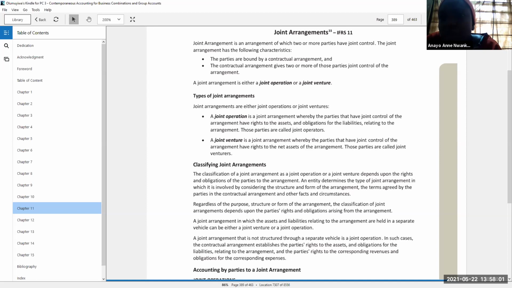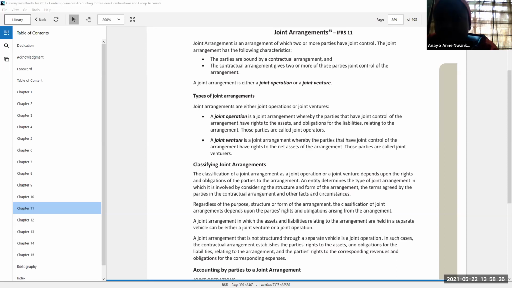And secondly, the contractual arrangement gives two or more of these parties joint control of the arrangement. A joint arrangement is either a joint operation or a joint venture. Types of joint arrangements. Joint arrangements are either joint operations or joint ventures.